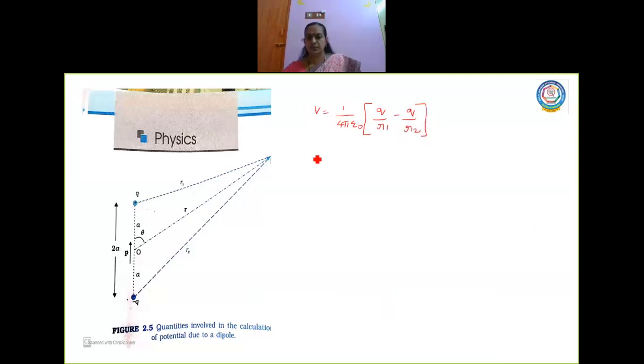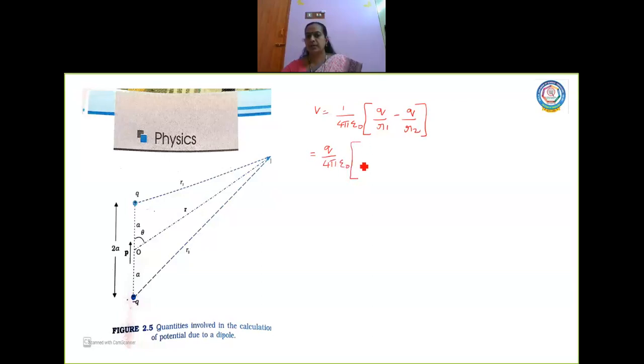Now when I substitute all these values, 1 by r1 as 1 plus a by r cos theta, then 1 by r2 as 1 minus a by r cos theta, I will arrive at, let me write this, q by 4 pi epsilon naught.